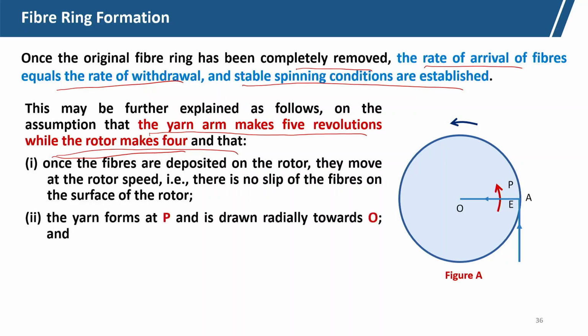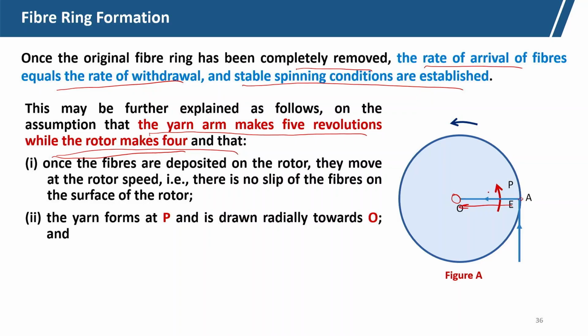The yarn forms at point P, that is the peel off point, and is drawn radially towards O. Immediately it is pulled out from the rotor by the navel, the withdrawal tube which is placed at the center.